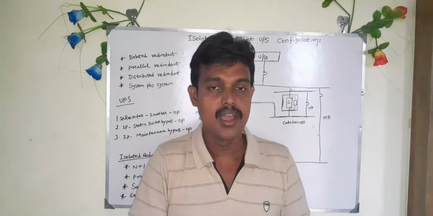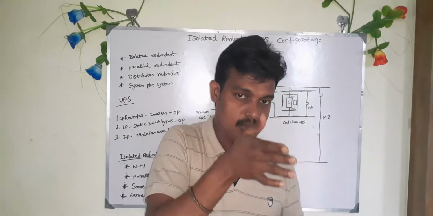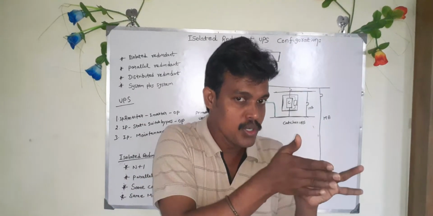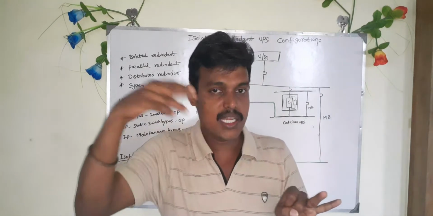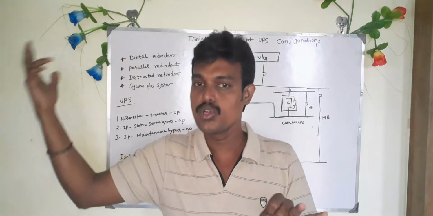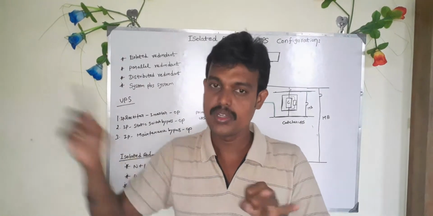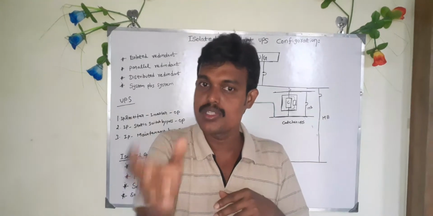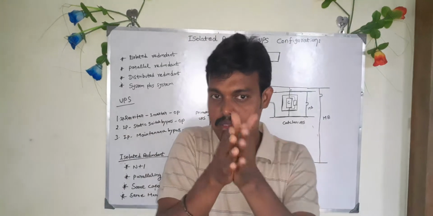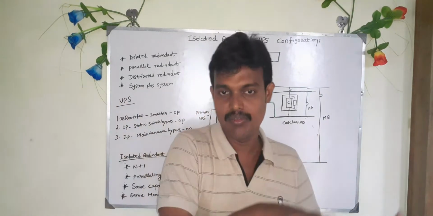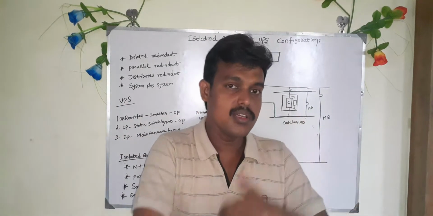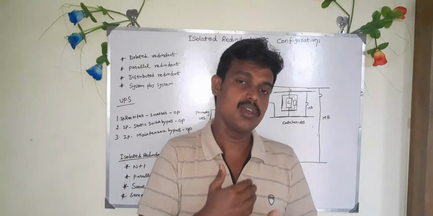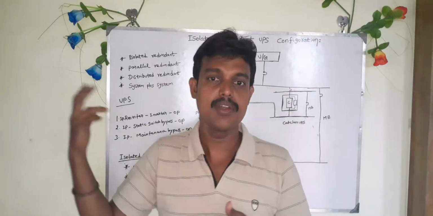This is one way. The second way is from the input to the static bypass switch, and it goes to the output, that is your load. The third way is from the input to the maintenance bypass switch, and from the switch to the output. So there are three ways to transfer input power to your load.